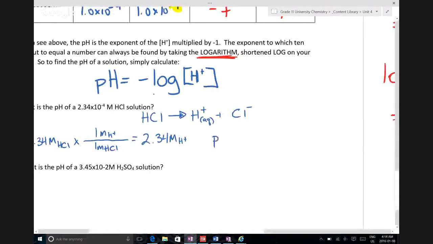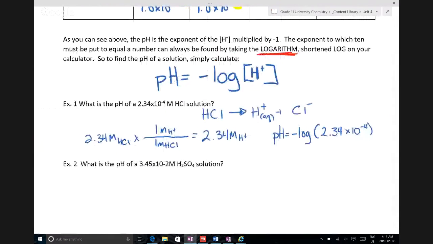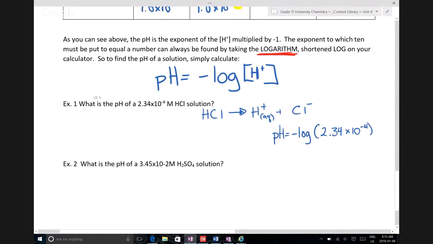Well, the pH would just be the negative log of 2.34 times 10 to the negative 4. Sorry, I missed that times 10 to the negative 4 all throughout. So I'm just going to come back and change this. 2.34 times 10 to the negative 4 moles of HCl per liter.